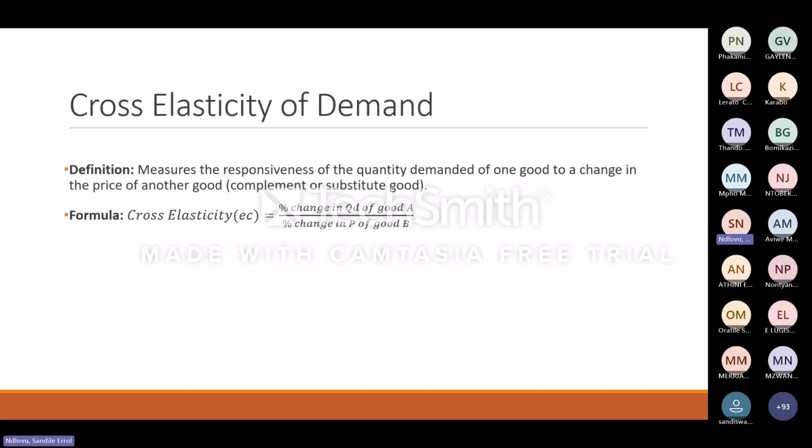So an increase in the price of Coke means people will rush to spend on the substitute good, so its demand will also increase. That leads to a positive value for the cross elasticity of substitute goods, and it is negative for complement goods. I hope that made sense.